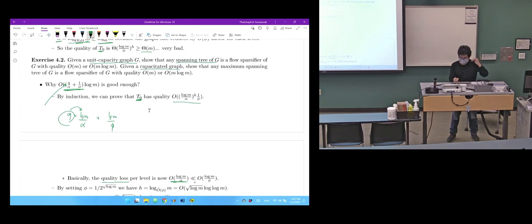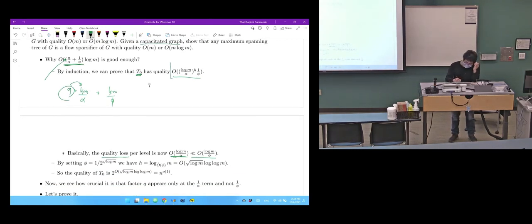And this is much better than log m over phi when phi is much smaller than alpha. So the point is every time you shrink by phi factor, which is a lot, but the quality loss is not proportional to phi anymore. It's just proportional to alpha. You shrink a lot, but you lose quality according to alpha instead of phi.